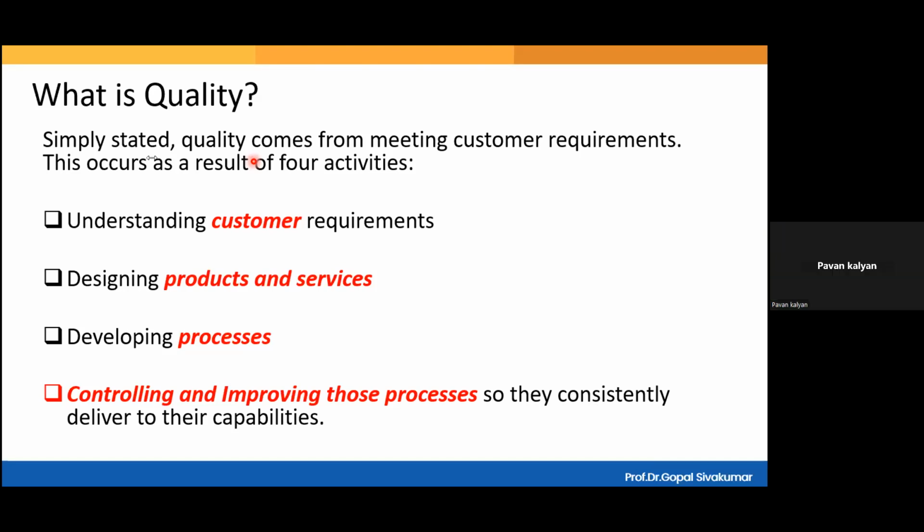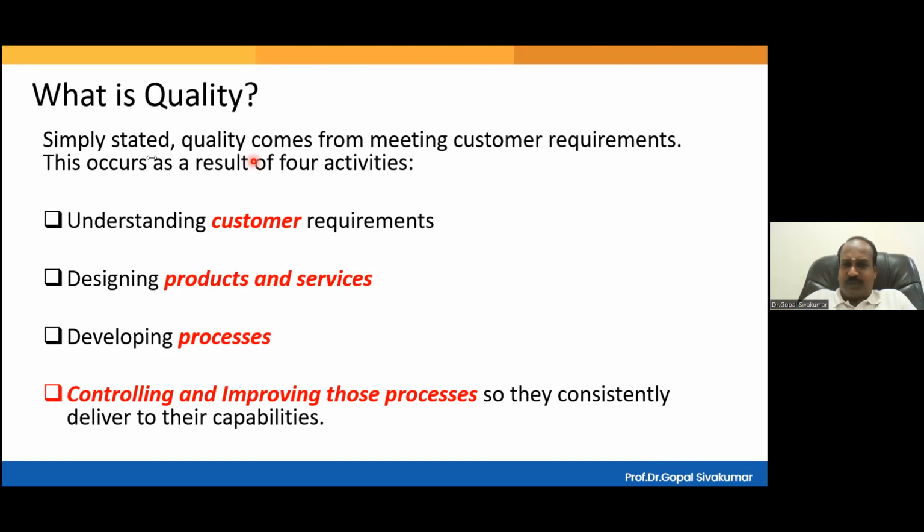Sometimes what happens, the customer himself may not be clear about the requirement. Mostly in the education industry, it happens. Customers themselves don't know what they want, but they are ready to pay, and they are not clear what they can expect. Still, it is your responsibility to take care of their requirement, isn't it? Just because the customer does not know their requirement, you can't take advantage.